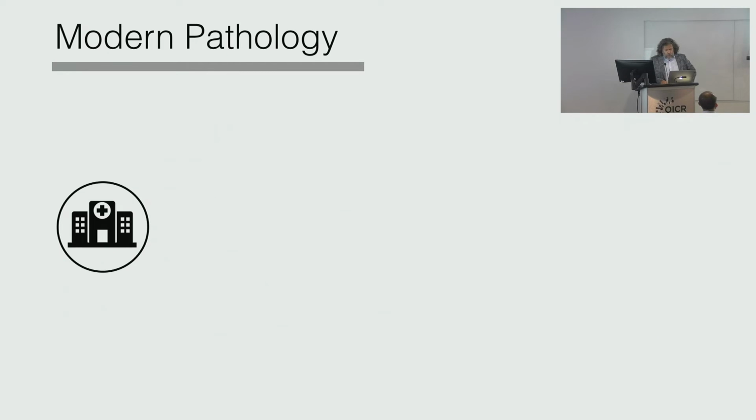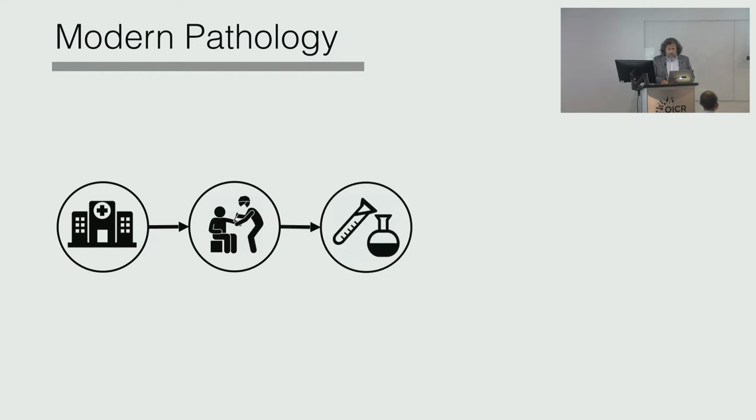In modern pathology, we have many experts who can talk in more detail about that today. From our perspective, we look at the workflow and try to understand what's going on. A patient goes to the hospital and a biopsy is taken, a tissue sample is taken. It goes to the lab usually and gets processed.